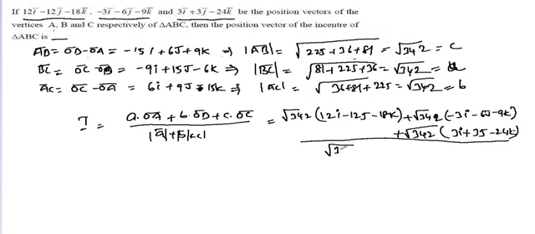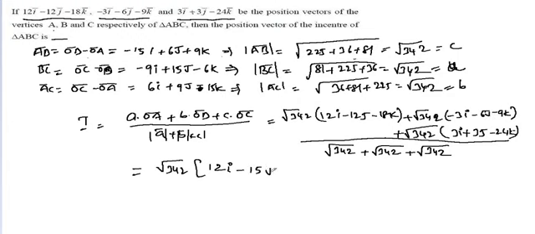root 342 plus root 342 plus root 342, that is root 342 common. 12i minus 3i is 9i, plus 3i, that is 12i. Minus 12j minus 6j minus 18j plus 3j, that is minus 15j.